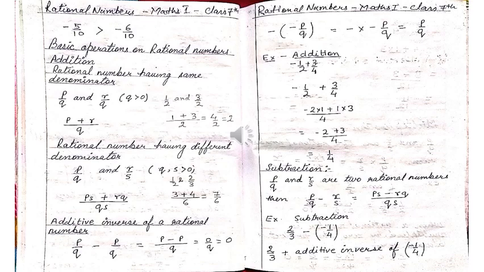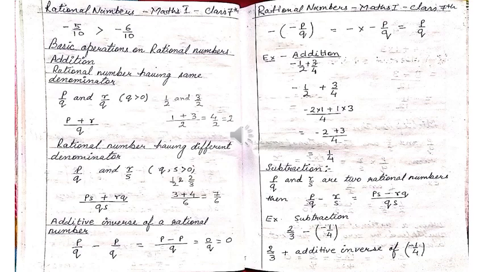This is the way, or you can take the terms half and 3 upon 2 upon 3. So two different denominators of the two different rational numbers. You just take the LCM of 2 and 3, that is 6.